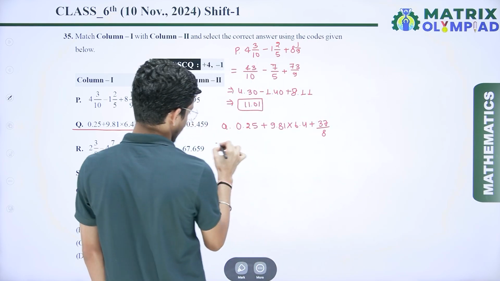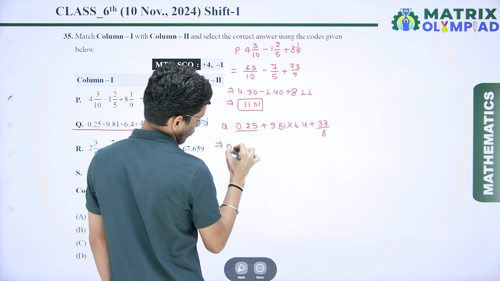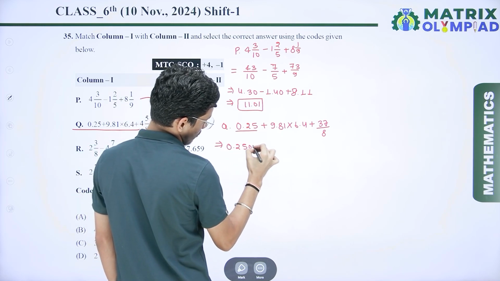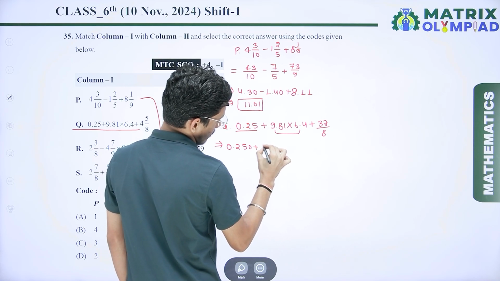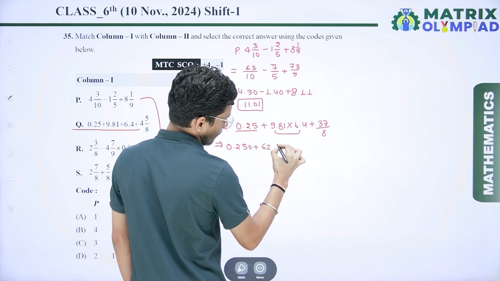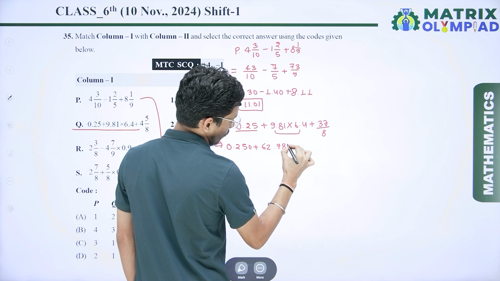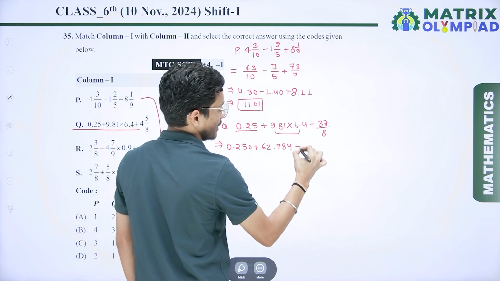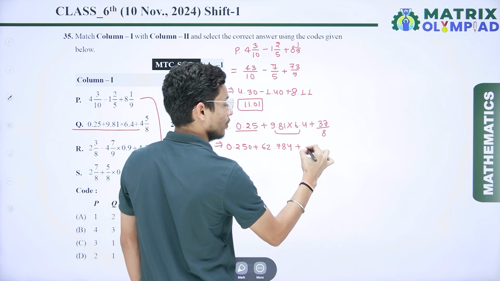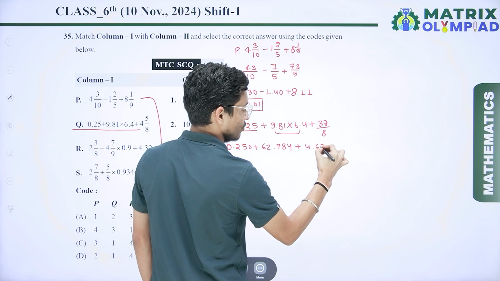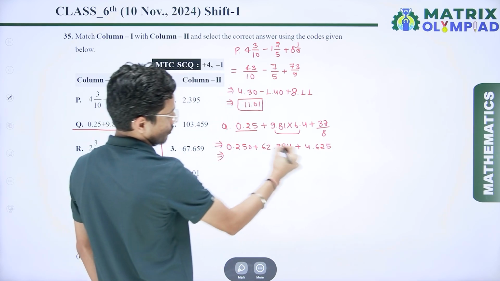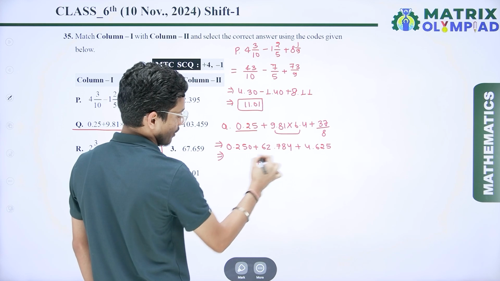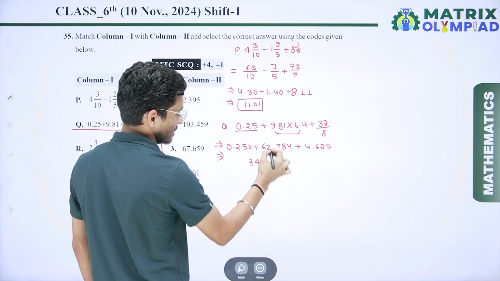So simply if I multiply here, I can write 0.250 plus, if I multiply here, I get the answer 62.784, and if I solve here, I get 4.625.